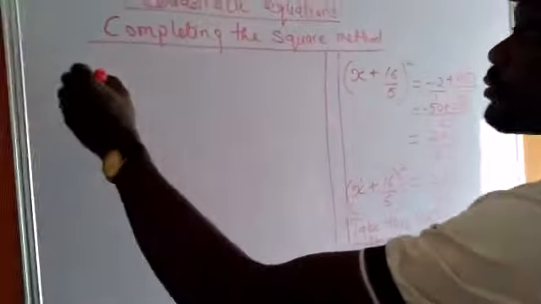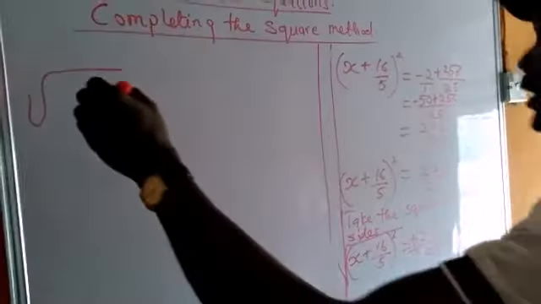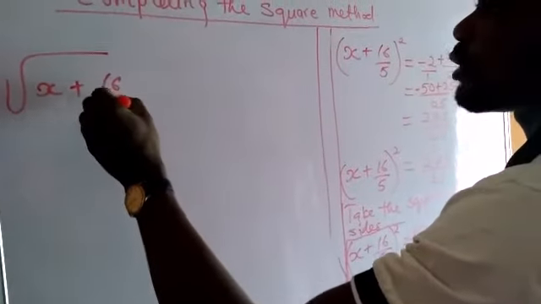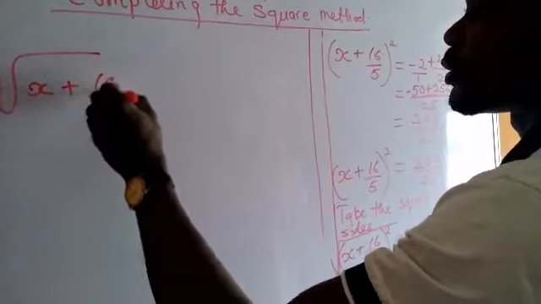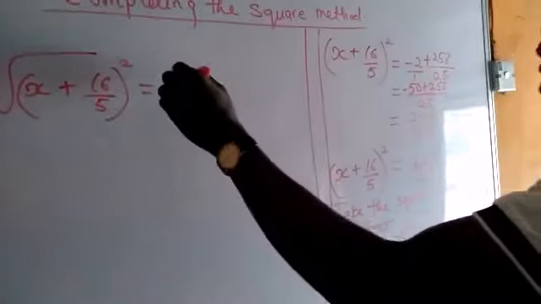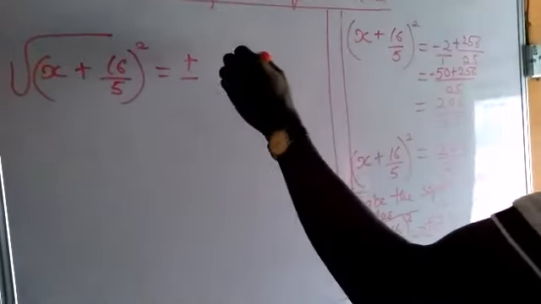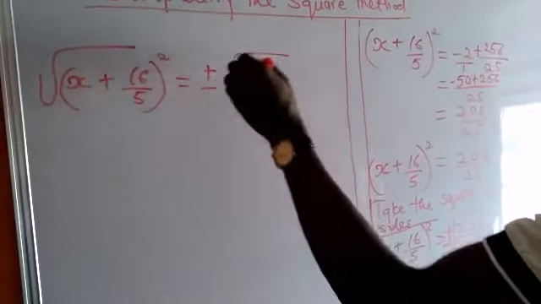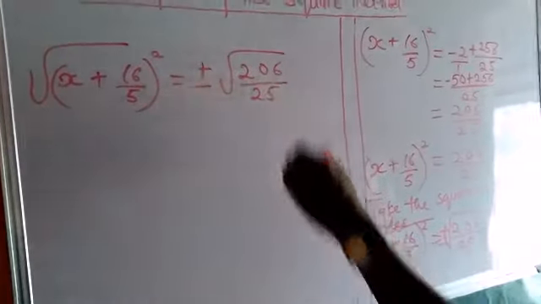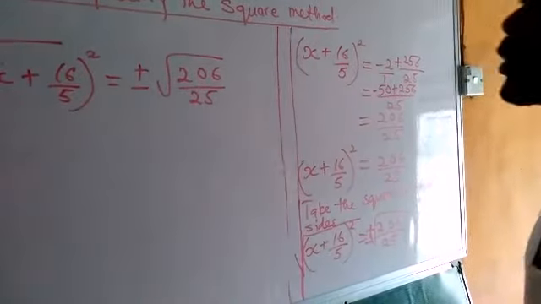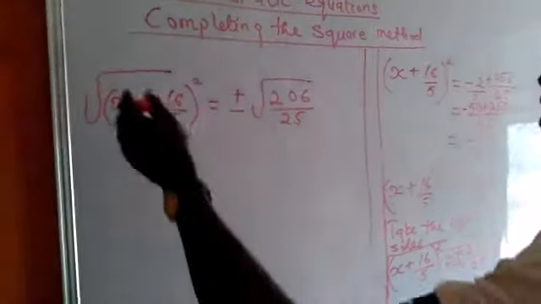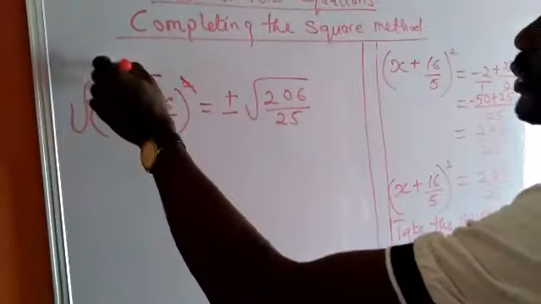Now, what we have left is the square root of x plus 16 over 5 all squared. I'm trying to rewrite it so that we know where we stopped. Square root of 206 all over 25. Now, if you look at this, you will discover that the square will cancel the square root.